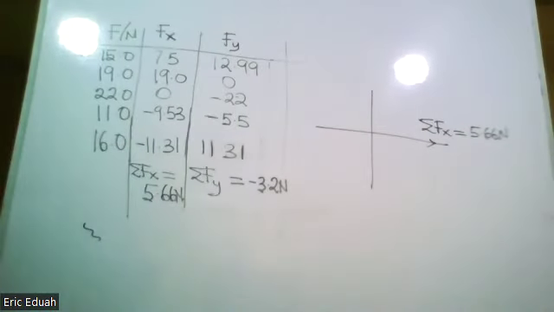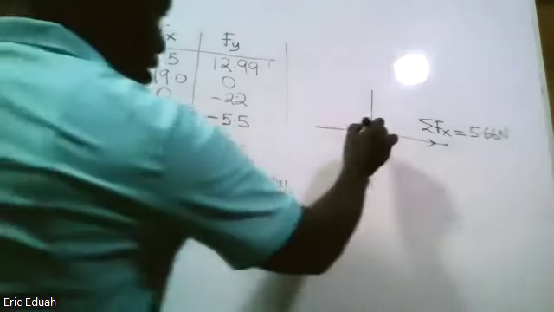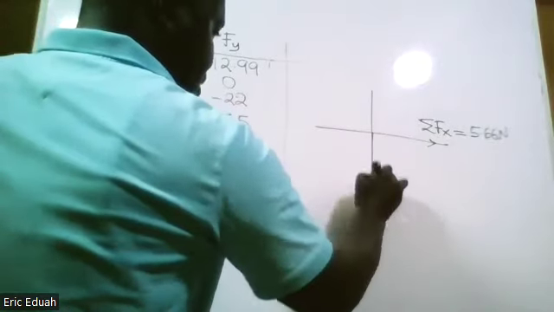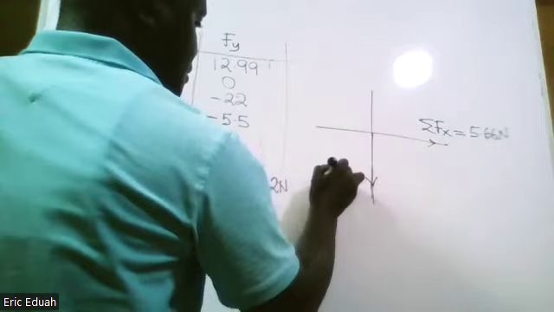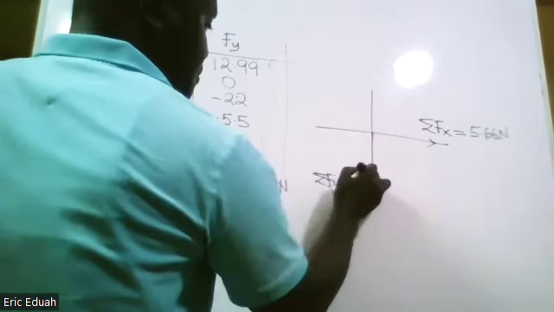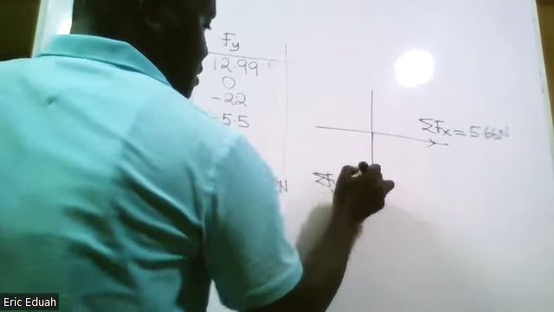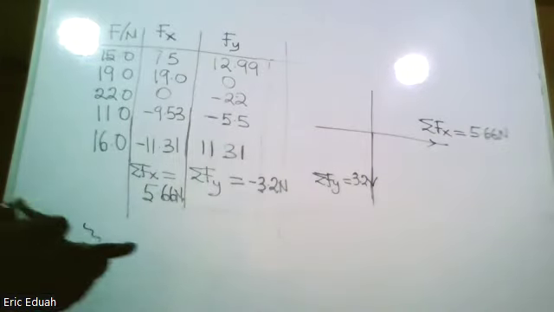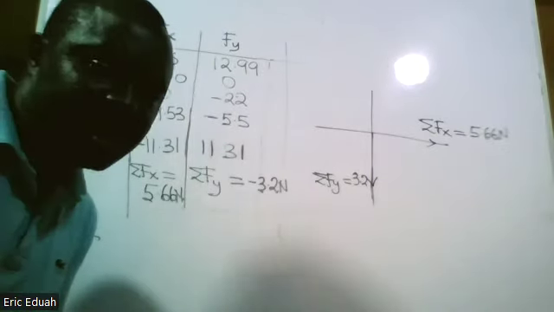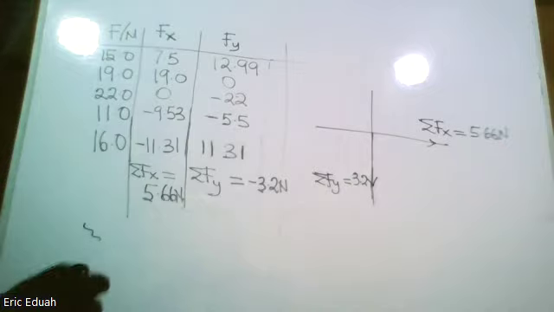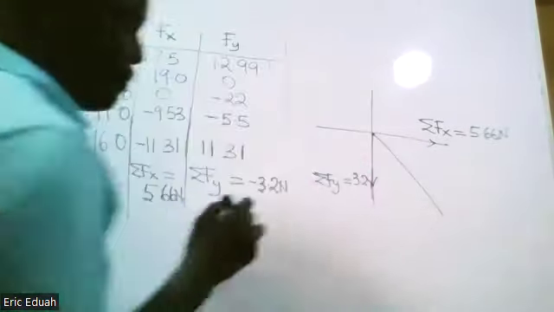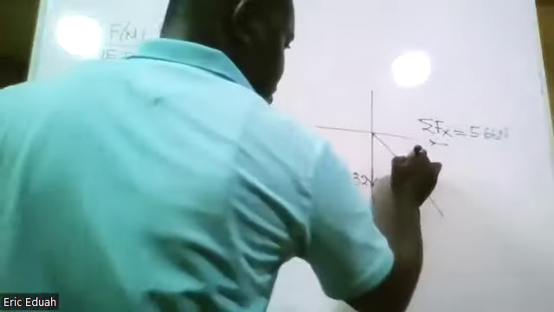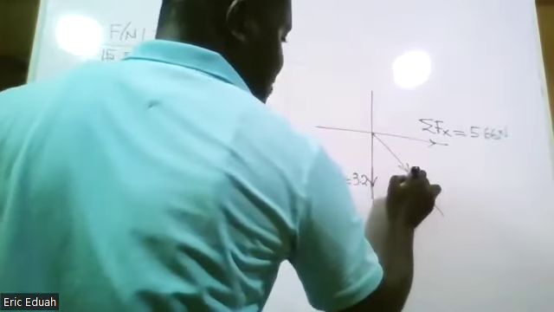Then summation f of y is negative. We direct it along this. So when you have two vectors in this manner, the resultant would act along the diagonal. This becomes R.